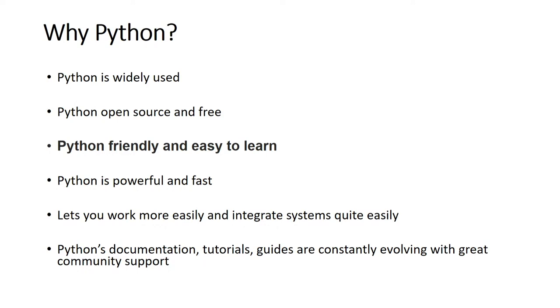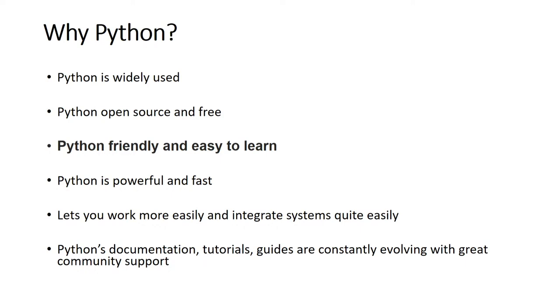It lets you work more easily and integrate systems quite easily. Because it's easy to learn, you can work on it very easily, and you can integrate different components together very easily, because multiple people can work together, and the subsystems can be integrated quite easily.